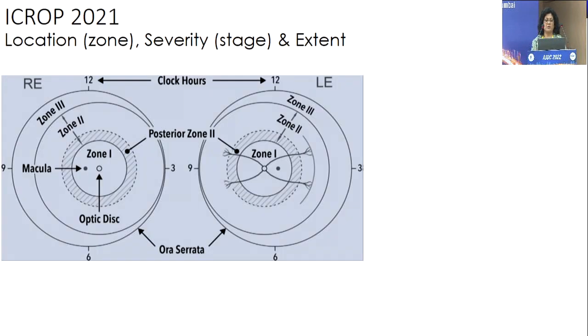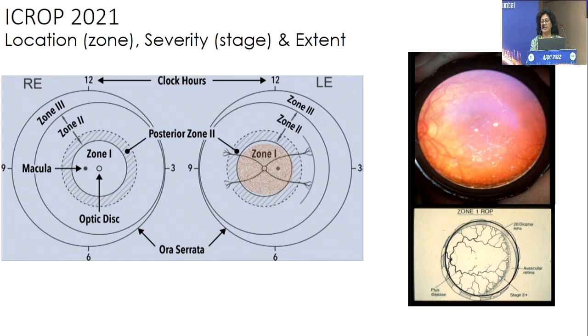Now, in ICROP 2021, the location is practically the same. Zone 1 ROP, we all know: with the disc at the center, you draw a circle whose radius is twice the distance between the disc and the macula. And in case in your busy clinical setting you cannot identify what is zone 1, you take a 28 diopter lens. If the nasal edge of the disc is coming at the edge of the field of your 28 diopter lens, the area you are visualizing is zone 1 ROP.